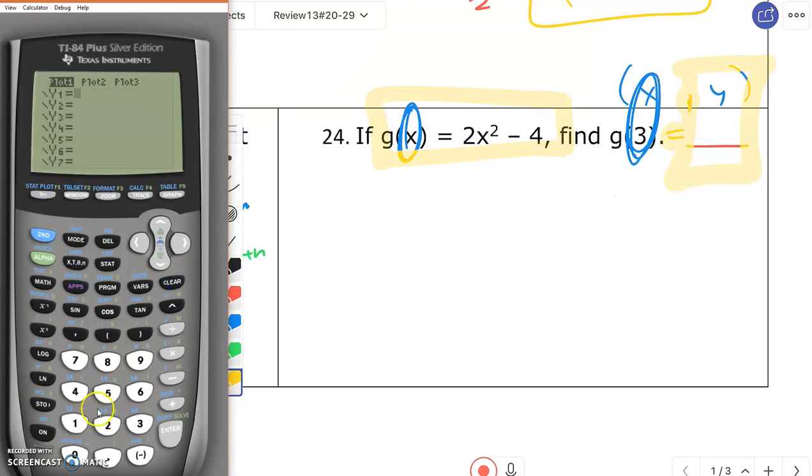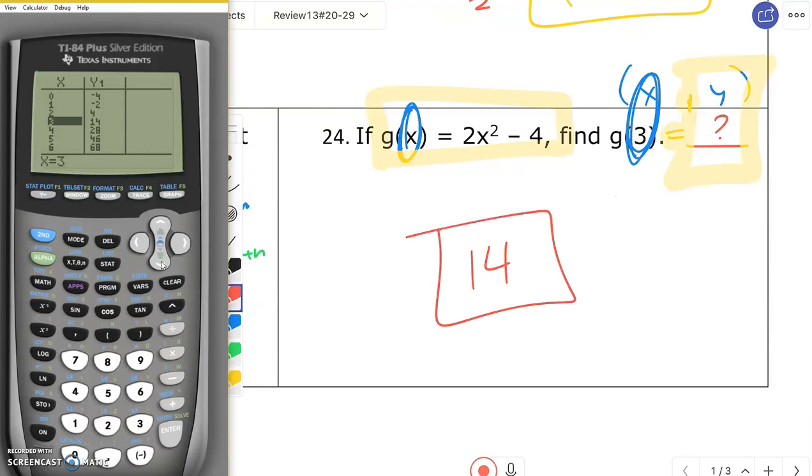So I have y equals 2x squared minus 4. Go to my table, which I need to get back to normal. And right there at 3 is 14, because we're looking to see what that y value is. It's 14.